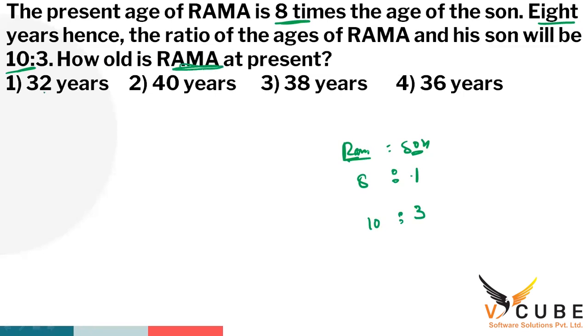Rama is presently 8 parts. After 8 years, 10 parts. 32 is a multiple of 8. 8 fours are 32. After means plus. 32 plus 8, 40. 40 is a multiple of 10. That's why option 1 is the right answer.